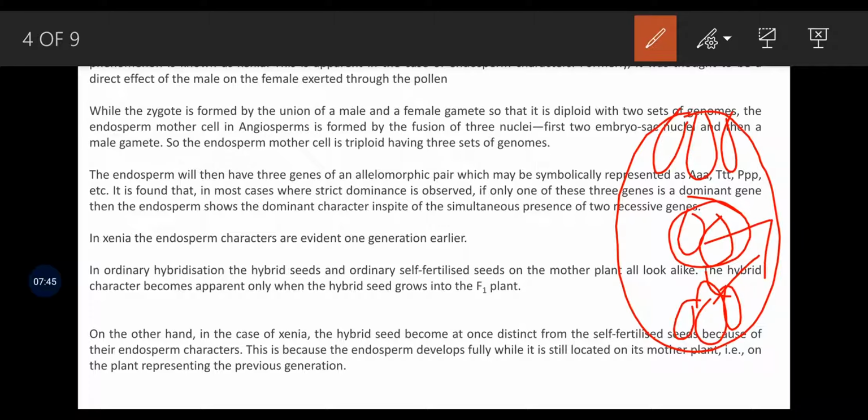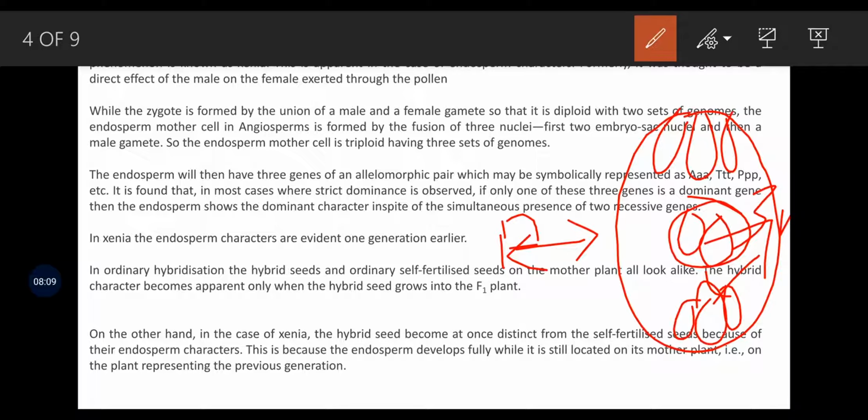These three will be forming one set, that is in 3n condition. In these three, if only one is showing the dominant character, the entire endosperm will show the dominant character irrespective of the number of recessive genes.